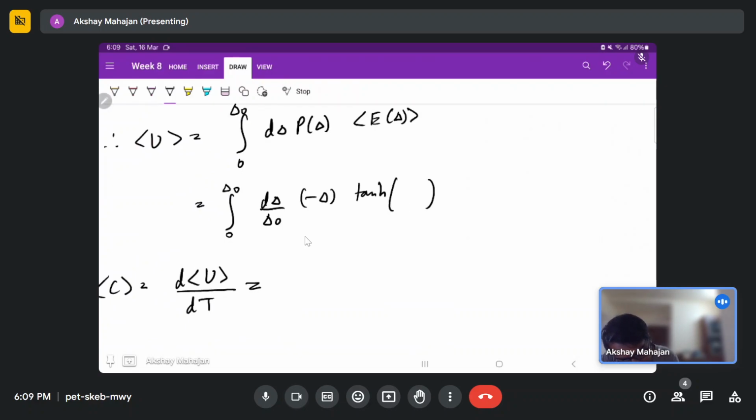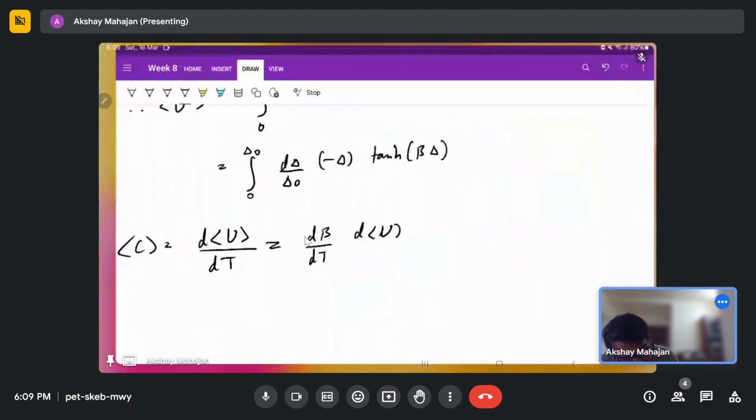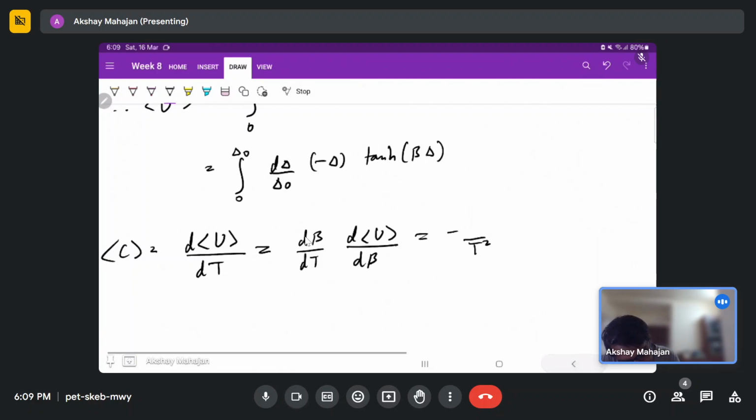Let us take this to be beta, so we have beta times delta. Again I can write it as d by dT, which is d beta by dT times dU by d beta. Then we get minus 1 by kB T squared times dU by d beta.